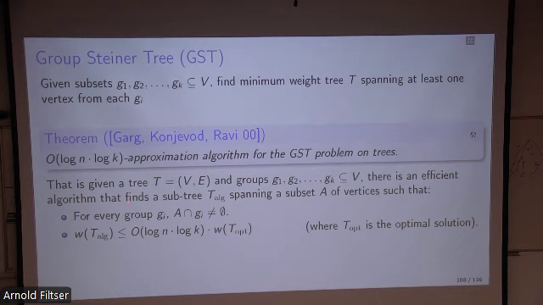It finds a subtree T_alg, spanning a subset of the vertices, such that for every group G_i, it spans at least one vertex, and the weight of the returned T_alg is at most log n log k times larger than the optimal tree or optimal solution for this instance. Okay, is it clear?